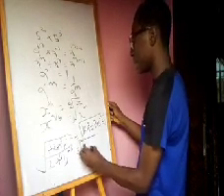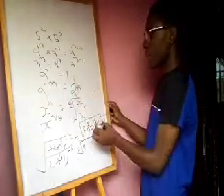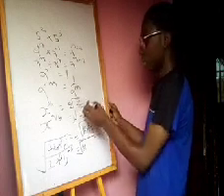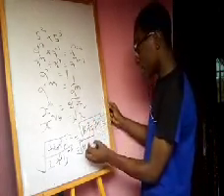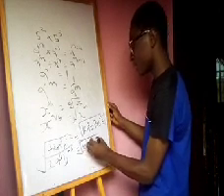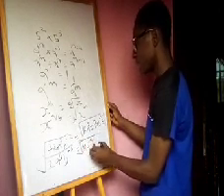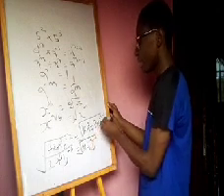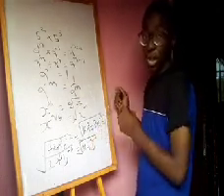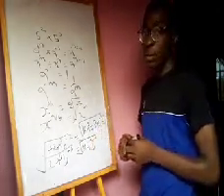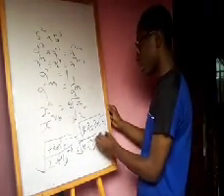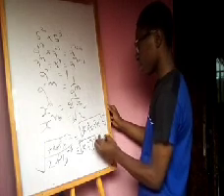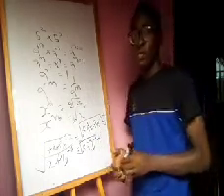Now from this law, whenever you are dividing, you subtract their powers. So a raised power 3 divided by a raised power 5, that will be a raised power 3 minus 5. That's a raised power minus 2. Then for b raised power minus 2 divided by b raised power minus 6, minus times minus gives plus. That's b raised power minus 2 plus 6. So that's an example of how you solve questions like this.